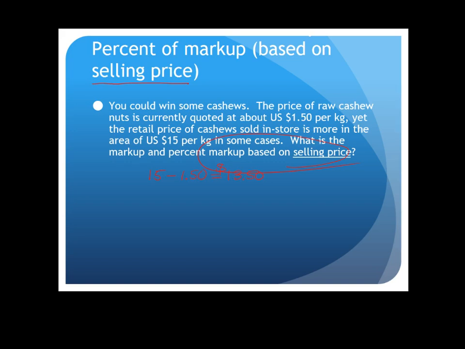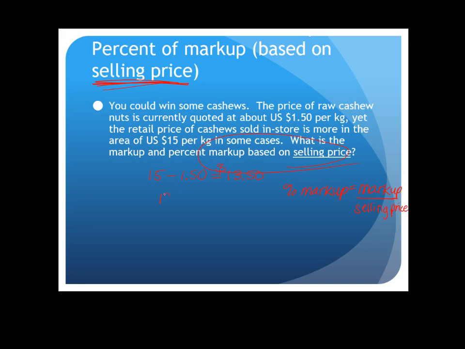Okay, now do you remember for the markup rate, or the percent markup, we took the markup amount and we divided it by the original cost? Well, we're not going to do that this time. Because it's based on selling price, instead of dividing by the original cost, we're going to divide by the selling price.